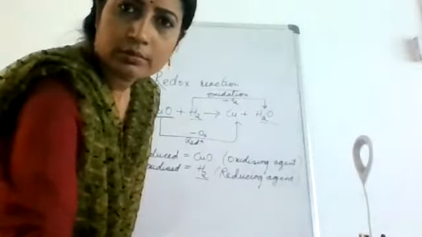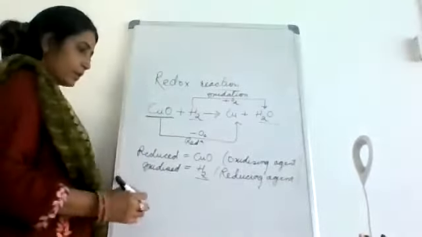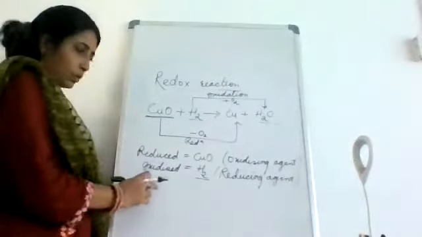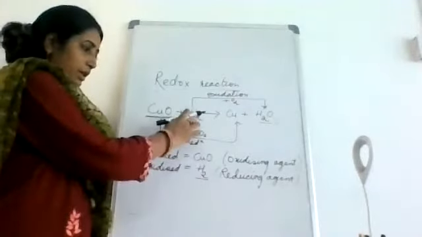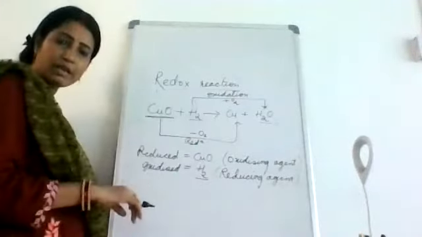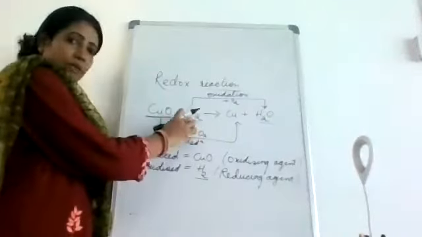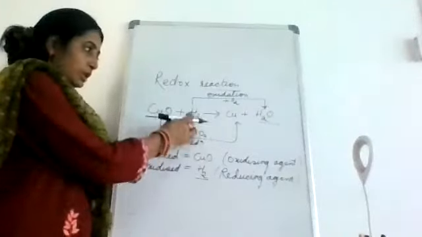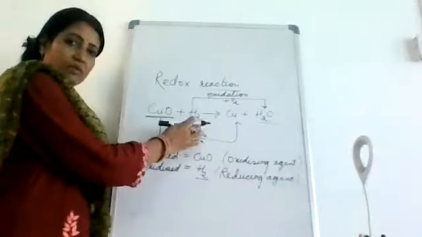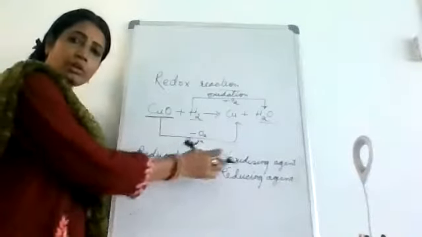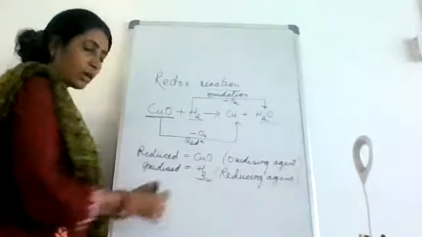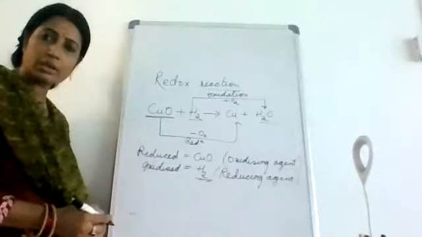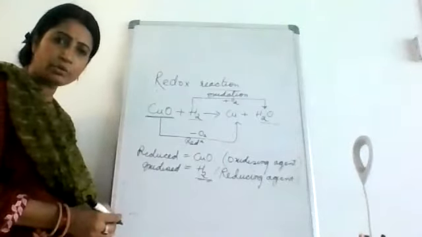Because it is getting itself oxidized, and it is reducing the other. So the substance which reduces the other is called a reducing agent. That's why hydrogen is a reducing agent. Clear to everyone?